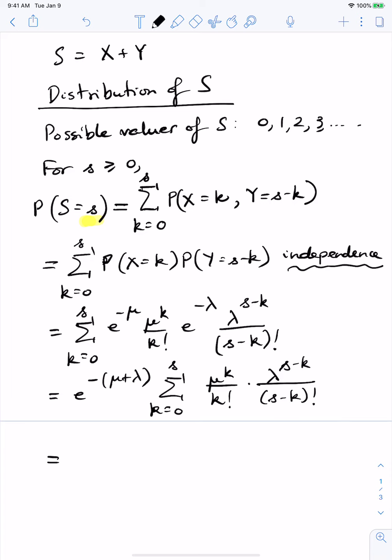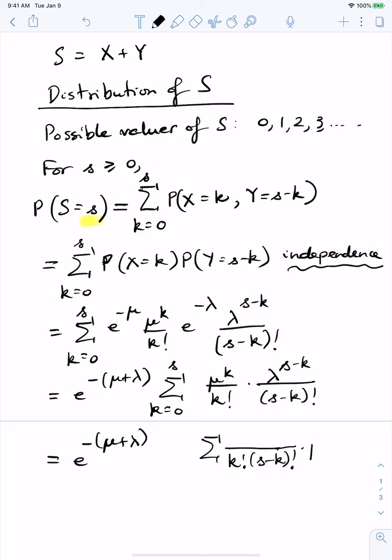All right, so now we're going to observe. Let's take a look at what we've got here. We've got these factorials. We've got a k factorial and an s minus k factorial. It's just sad that there's not something nice up top.